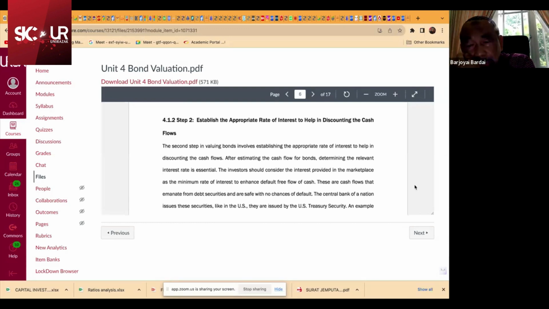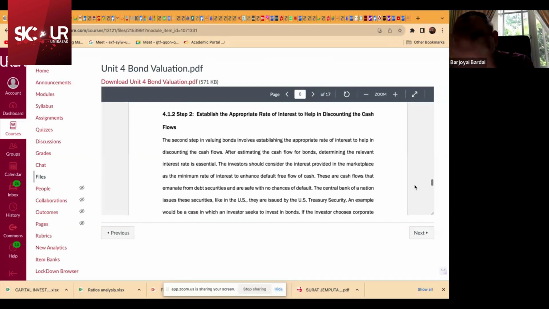These are cash flows that emanate from a debt security and are safe with no chances of default. The central bank of a nation will issue such a security, like the US, for example, which issues bonds through the US Treasury Security.